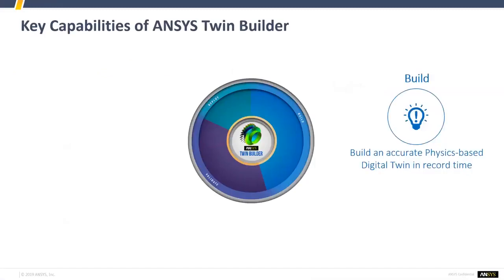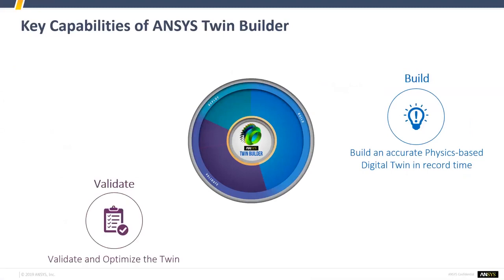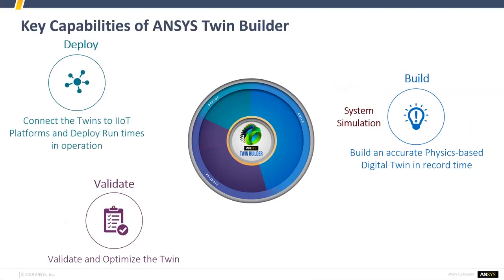So I'm going to start with the key capabilities of ANSYS Twin Builder. We have three key capabilities, what we call build, validate, and deploy. Build allows us to build physics-based system simulations, and by using simulation, you can also deploy them as digital twins.